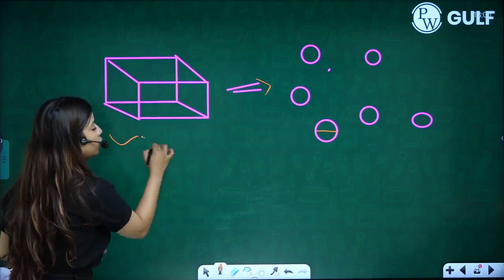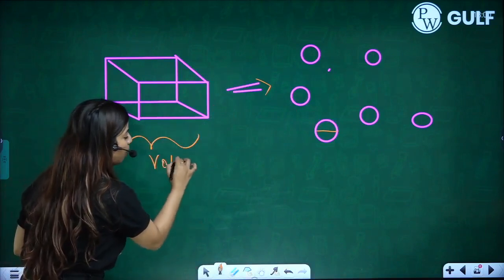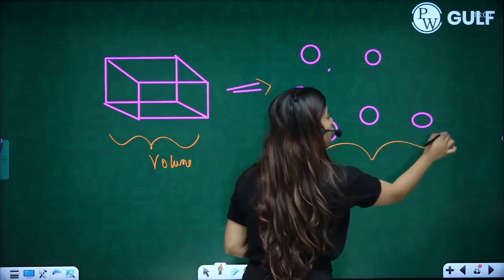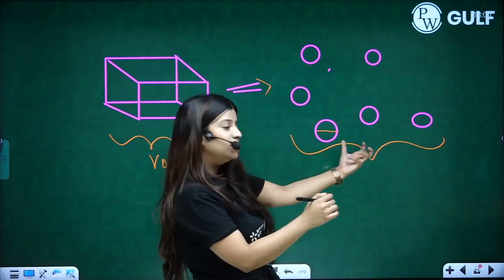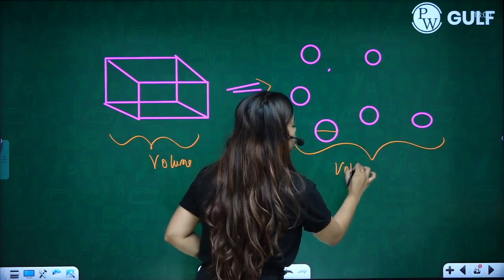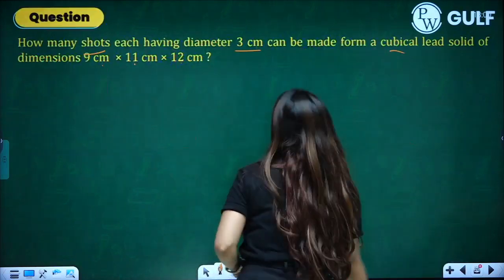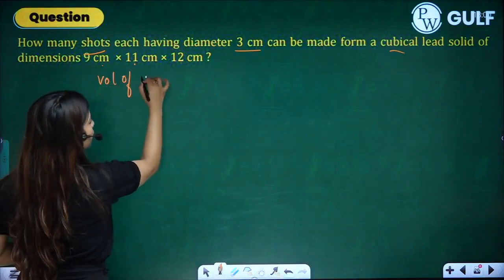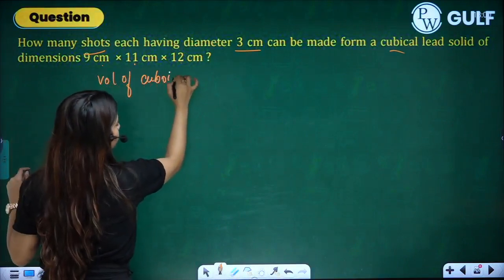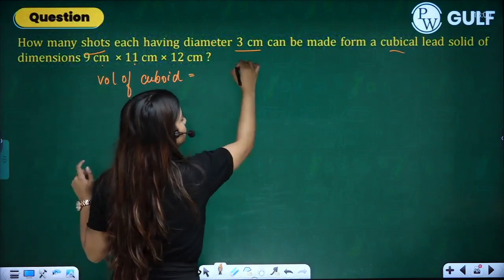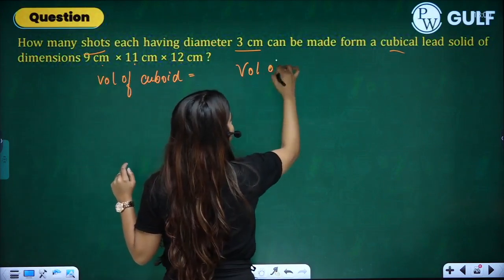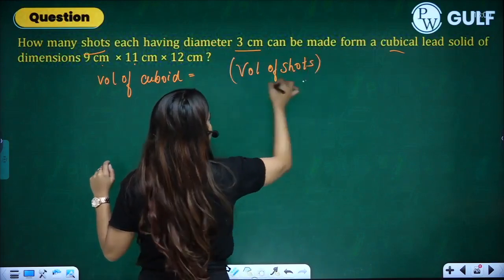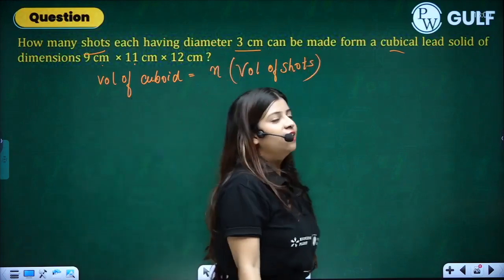Basically, the volume of this one cuboid, students, is equivalent to the volume of all these spherical shots that we have. So we can say over here that the volume of the cuboid is equivalent to the volume of shots, but we don't know the number, so let us take that number to be n.